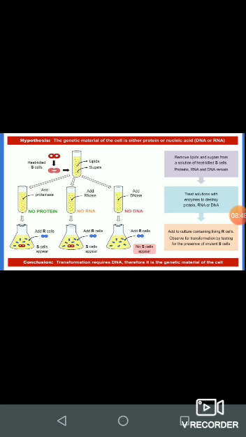So here in the first and second tubes, they have observed the growth of S strains along with the R. The number may be less, but there is an appearance of S type strains.